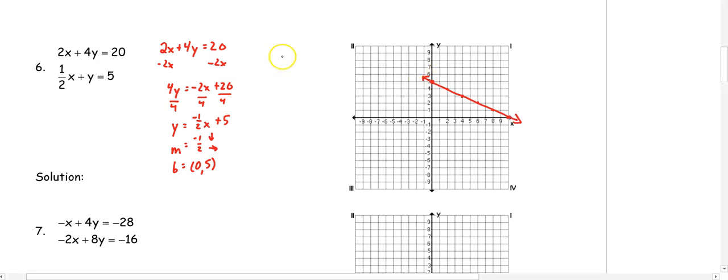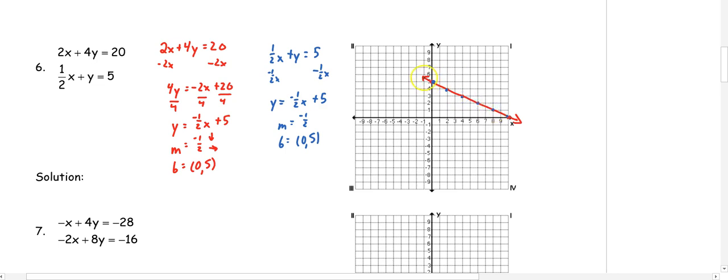And then my second equation, I have 1/2 x plus y equals 5. So I need to subtract the 1/2 x from both sides. y equals -1/2 x plus 5. So as we notice, our slope is the same and our b value is the same. So when I go to graph the blue equation, my lines are overlapping.